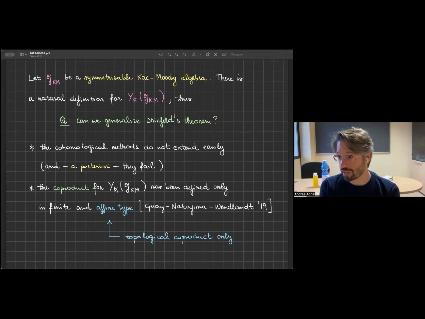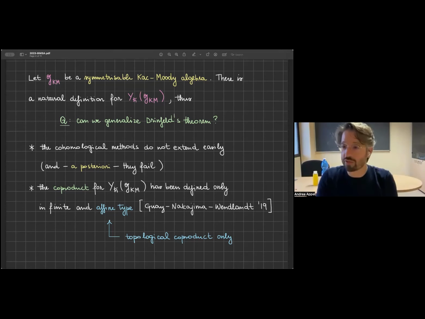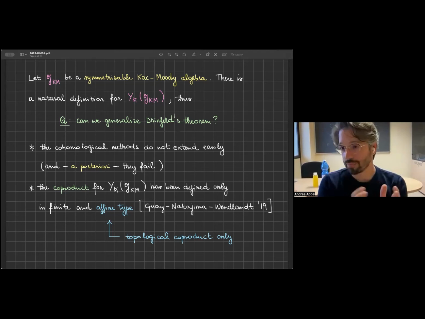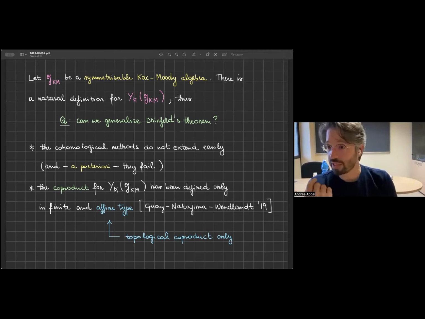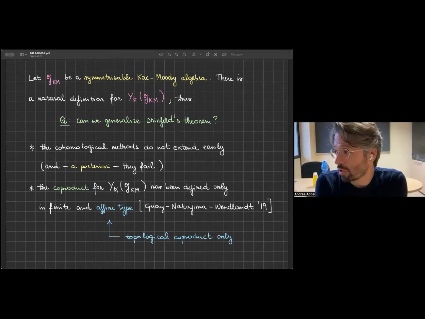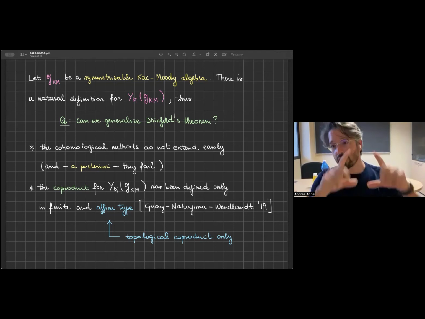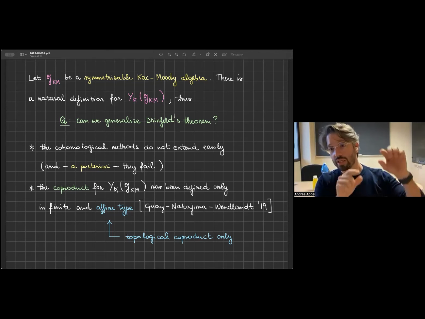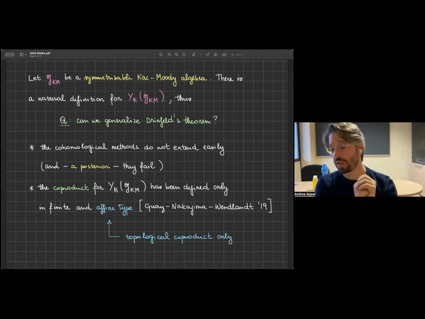Now this is not, as I said, entirely correct, in two directions. First of all, they define a topological coproduct, but their construction depends on an assumption, which is quite a natural assumption: whenever you take your Cartan matrix and look at all the submatrices of order 2, they all must be invertible.